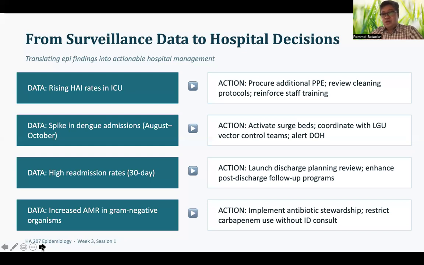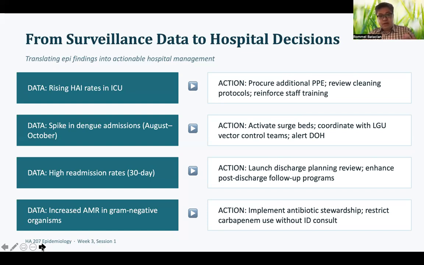The action is to procure additional personal protective equipment, review the cleaning protocols of the beds and the ICU, and reinforce staff training. Those are budget items, human resource decisions, and training investments that would be part of the administrator's domain.